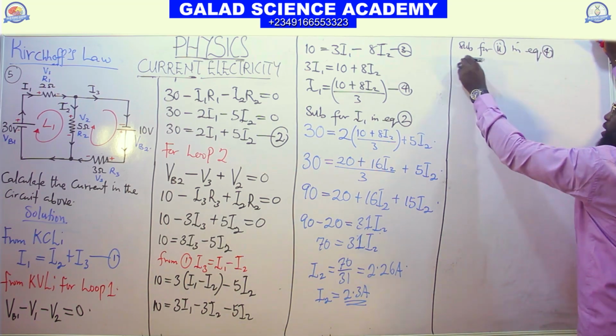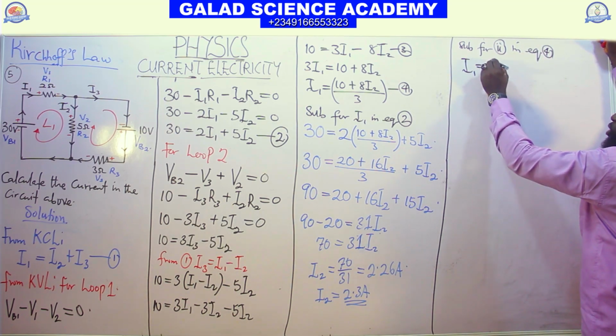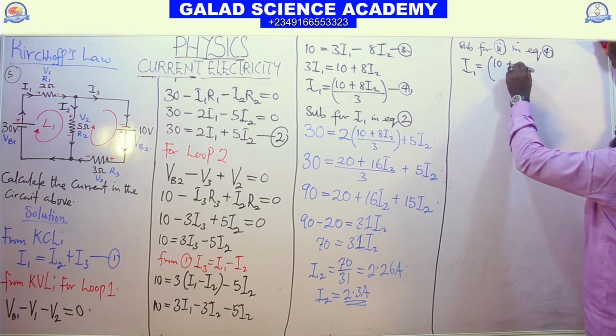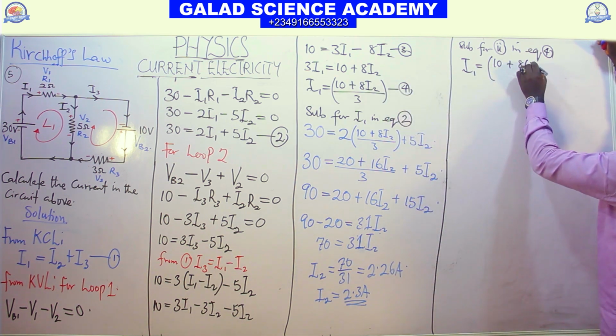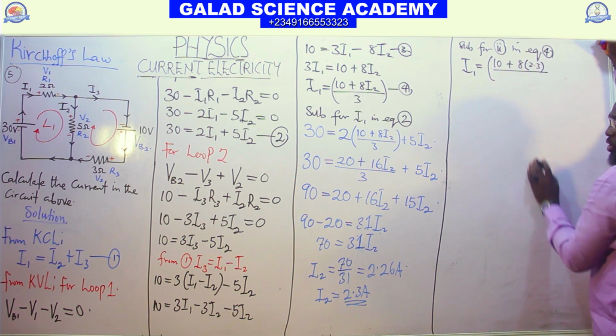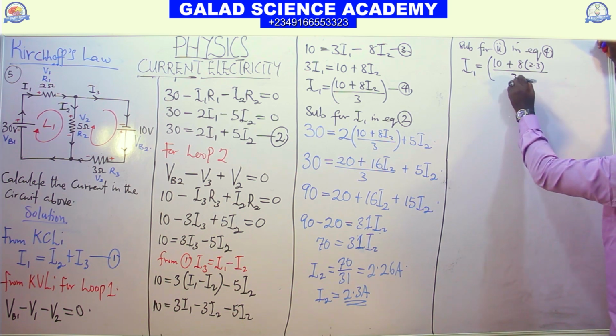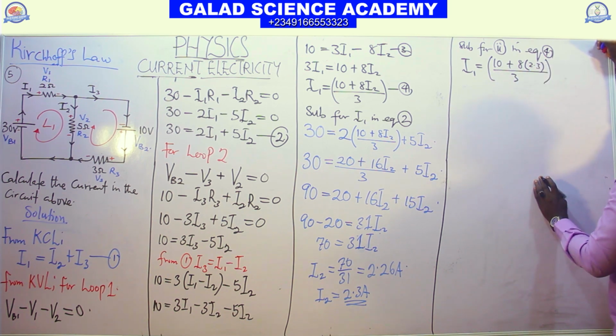What is equation 4? We have I1 should be equal to 10 plus 8I2, where I2 is now 2.3 ampere, everything over 3.